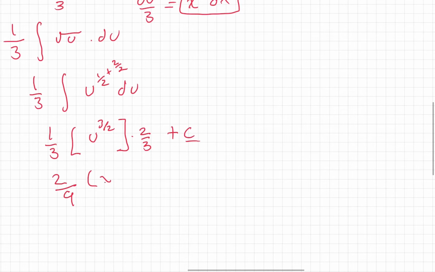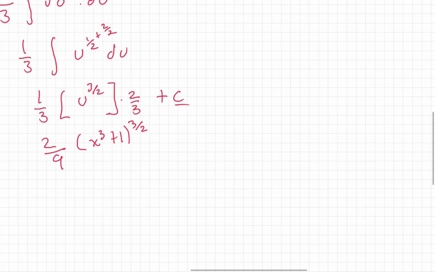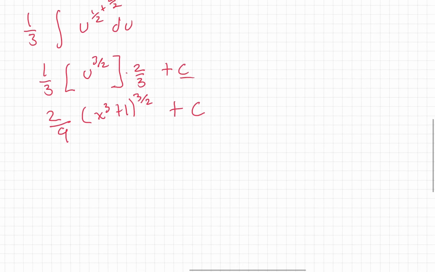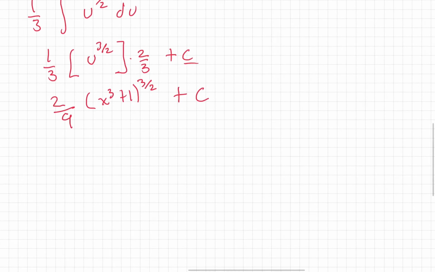So x cubed plus 1 to the 3/2 power. And of course, don't forget your plus c, because your professor will probably charge you a point for that c. So for this particular example, this will be our answer, 2 over 9 here.